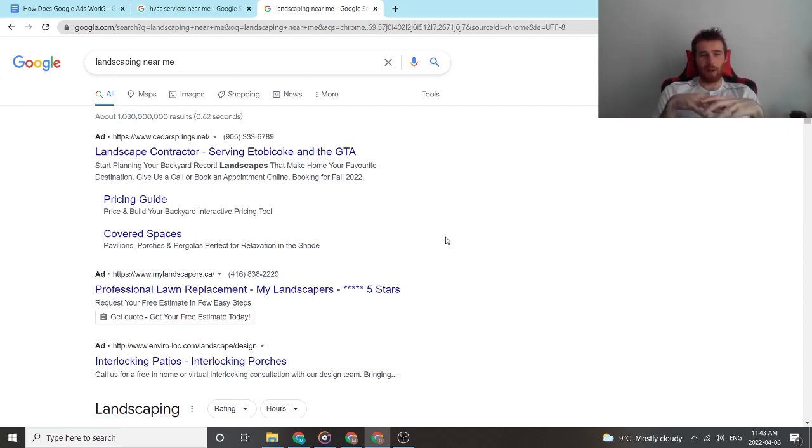But anyway, not to get off topic, landing pages are super important because when you send traffic to a landing page instead of a website, you convert 4 to 5 times higher. That's my general estimate. A normal website converts anywhere from 0.5% to 5%. 5% is really pushing it.